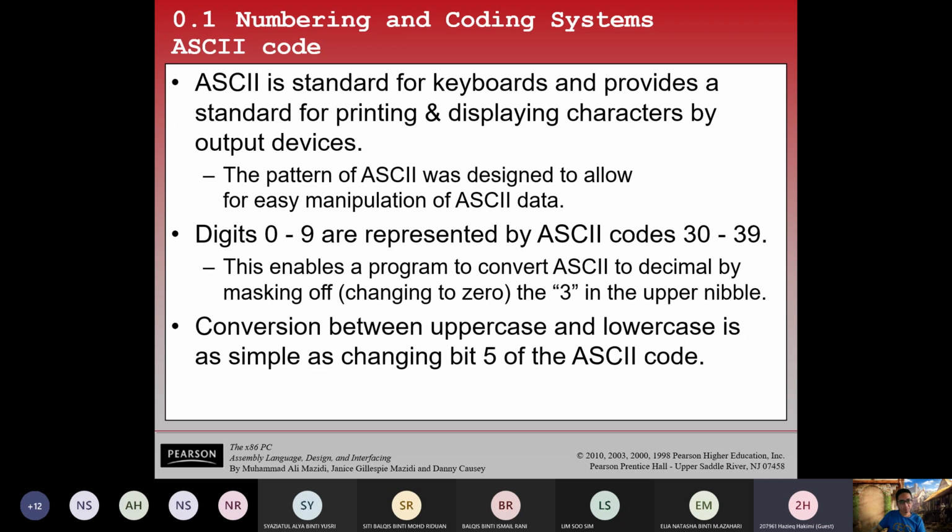So upper nibble, this is the nibble. That's the meaning of nibble. A nibble is equivalent to 4 bits. One nibble is equivalent to 4 bits. So this is a nibble. One is a nibble. 3 is also a nibble. But 1 is called the lower nibble and 3 is the upper nibble.